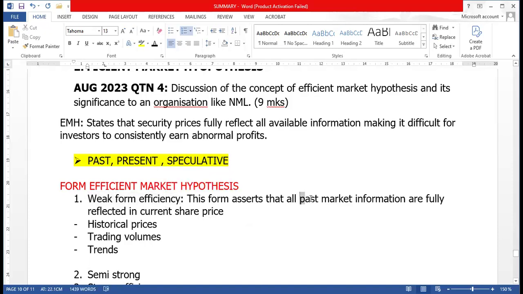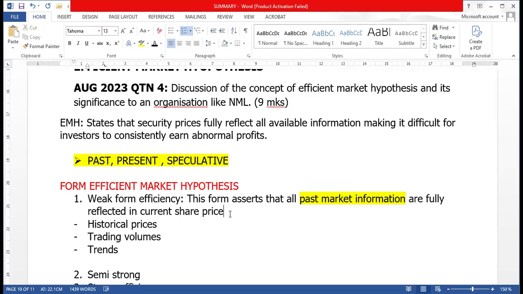So here you are looking at basically the past market information. If you are an investor who analyzes the previous prices of a security to beat the market, then still you will not win, because the past market information is reflected in the current prices that you see.